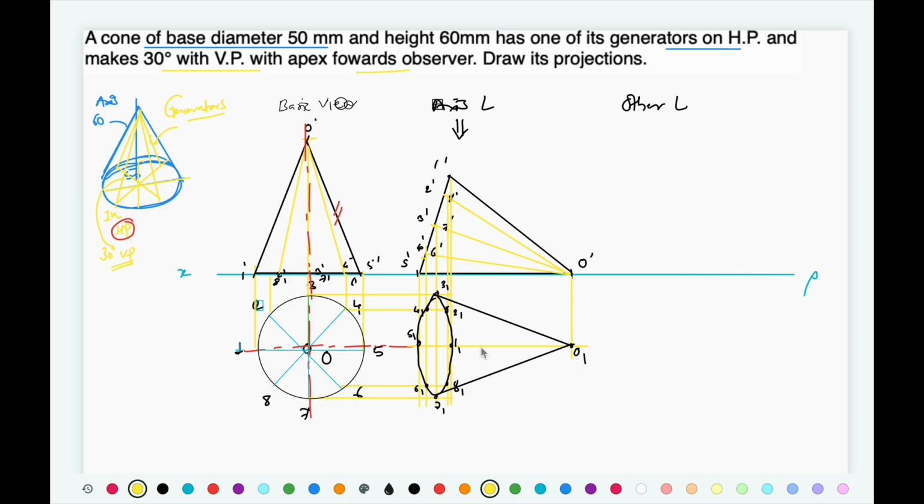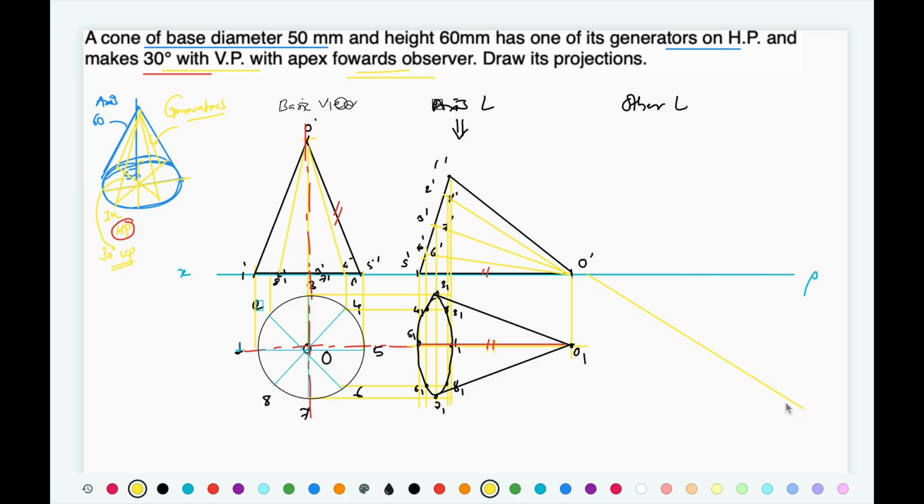Now the generator in HP is the line at the center, this O dash 5 dash. This generator is on the HP, so O dash 5 dash is the generator at the center. Now this generator is to be inclined at 30° to VP, and while doing that the apex is towards the observer.